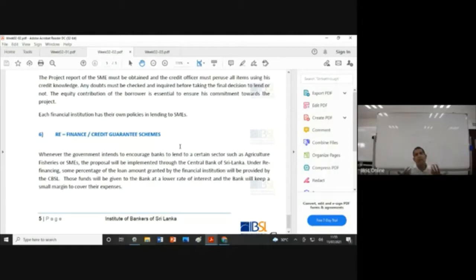Because when you are lending to the SME segment, collateral is one key issue. They have a good business, but they don't have wealth to keep as collateral to the bank because they are still growing, right? So banks also don't want to lend without a fallback option.